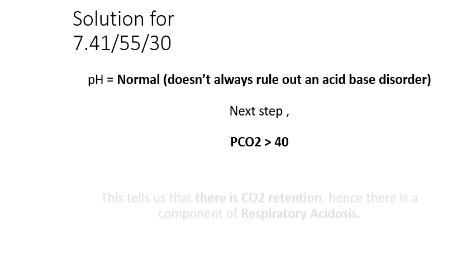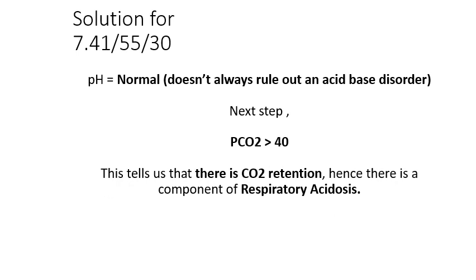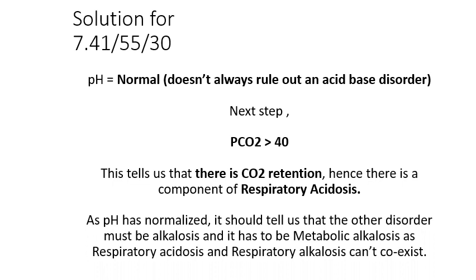Now, the pH has normalized, so it is very important to understand that there has to be a coexisting alkalosis of the same intensity or of the same strength. However, it is again very important to understand that respiratory acidosis and respiratory alkalosis can't coexist at once, so there has to be a metabolic alkalosis.